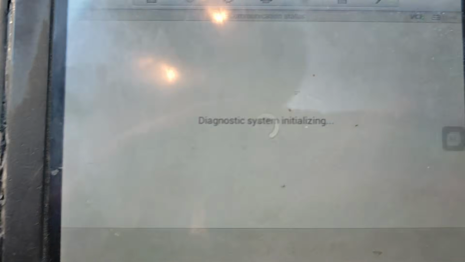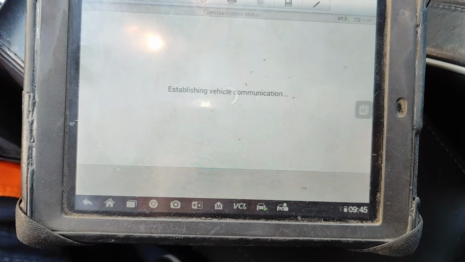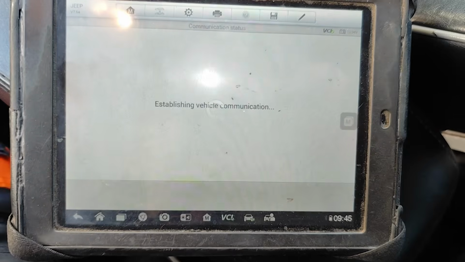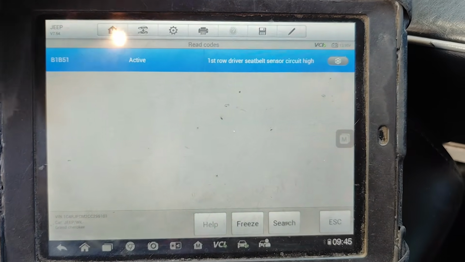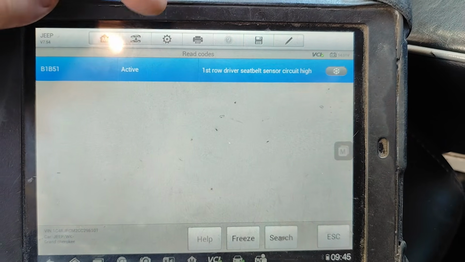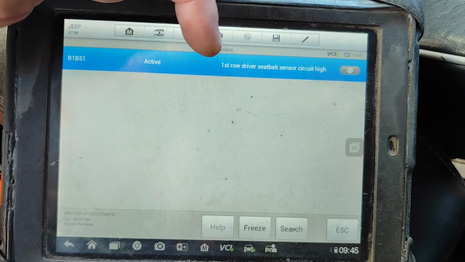So airbag, so we have one active fault: first row driver seatbelt sensor circuit.